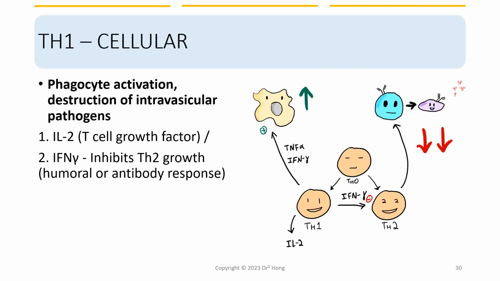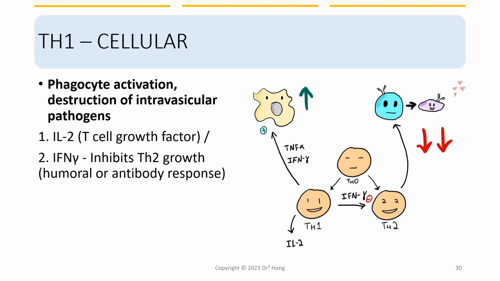All right, again, the big picture here is that Th1 helper T cells have a role in activating macrophages. So there's phagocyte activation, and also help to induce destruction of intravesicular pathogens, meaning those that are already engulfed within the macrophages.